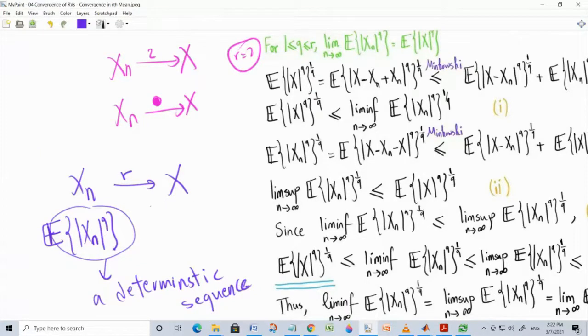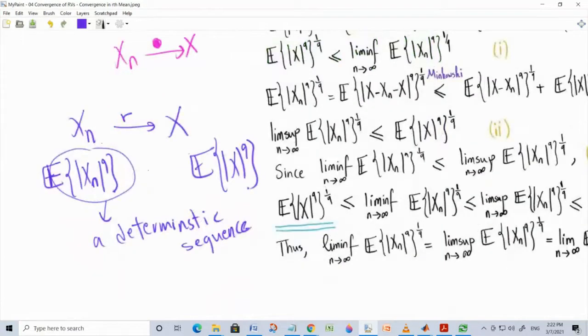And then we can compute this expectation for x, which is the limit random variable, right? So basically the question is, does this converge to that as n goes to infinity?